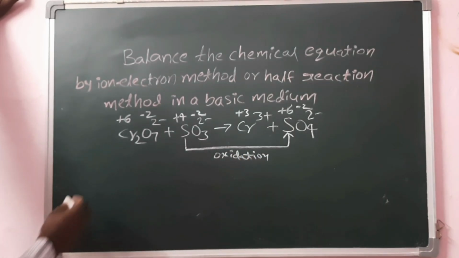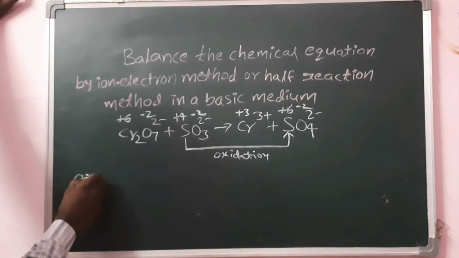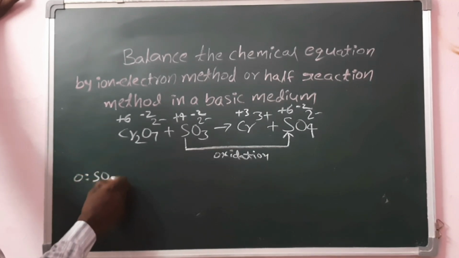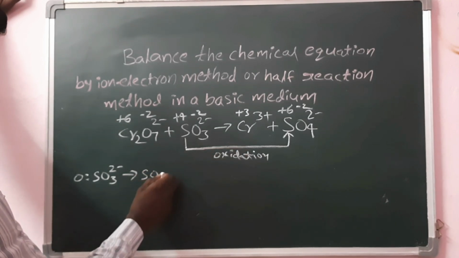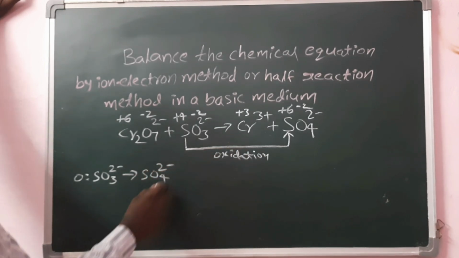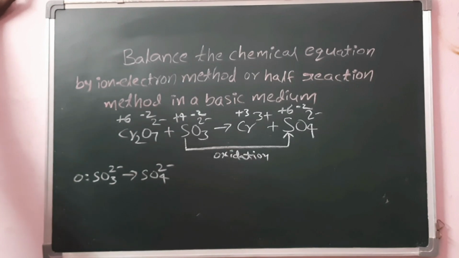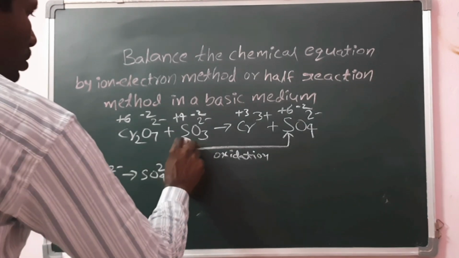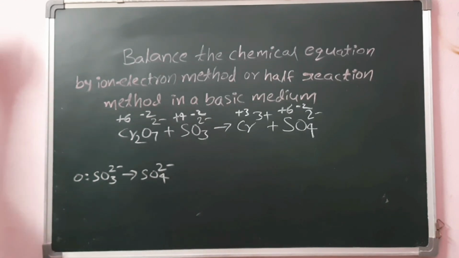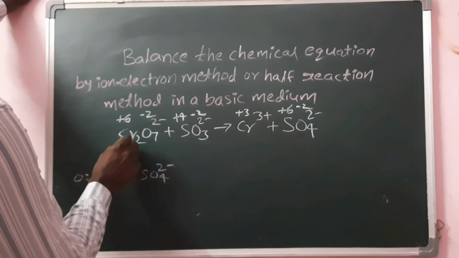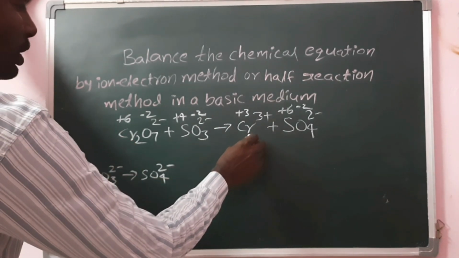Then we can write the oxidation half reaction. SO3 2- gives us SO4 2-. Here chromium has an oxidation number of +6 and it's changing into +3.